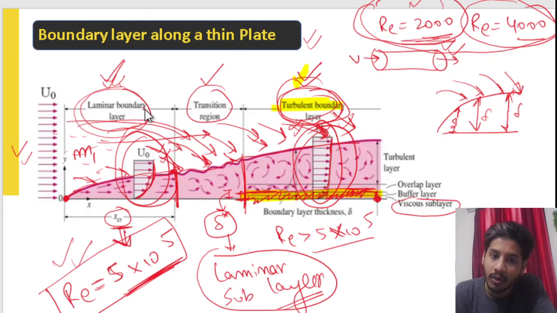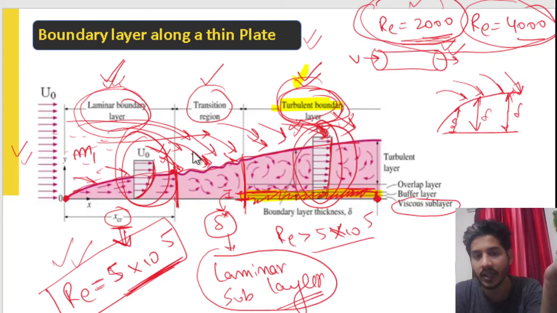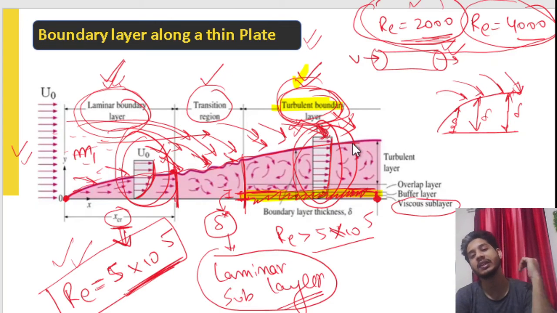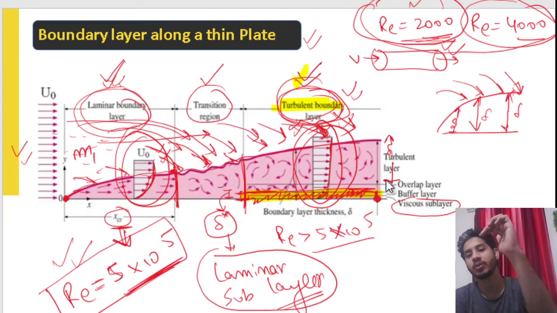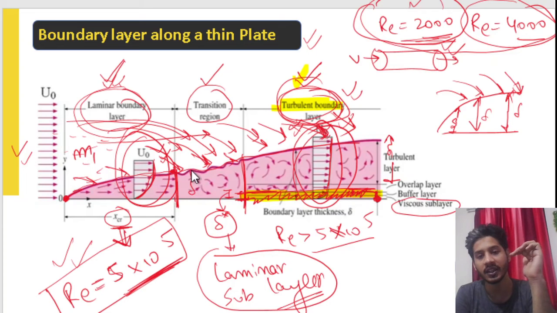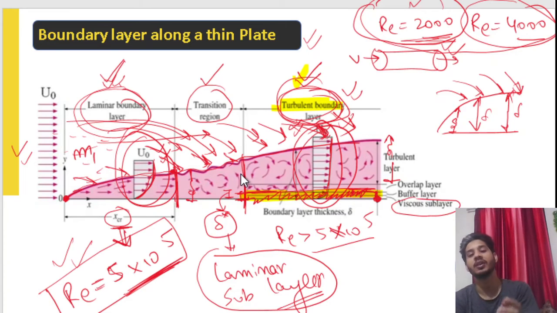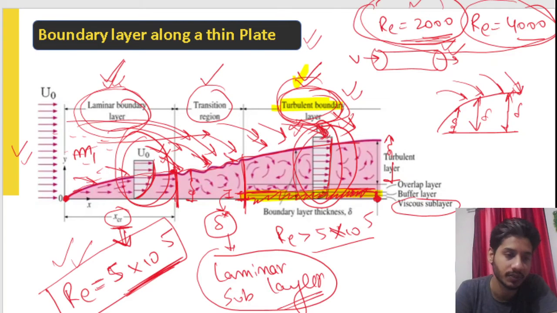For a laminar boundary layer, there will be less mass. That is the reason you can see clearly from this curve that the boundary layer thickness, this delta, is more in the turbulent boundary region and this delta is less in the laminar boundary layer. Why? Because there is continuous addition of mass.